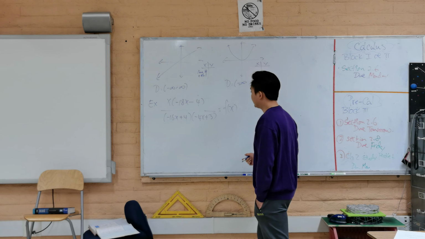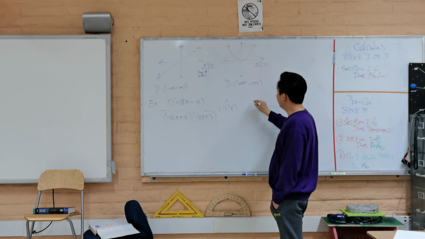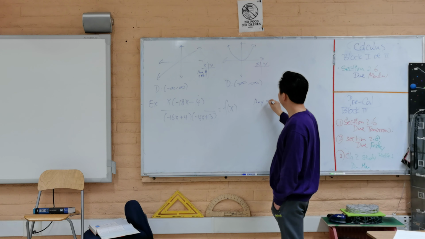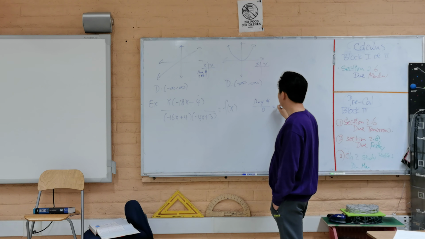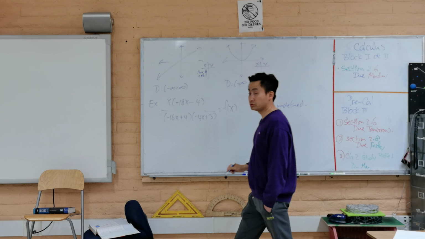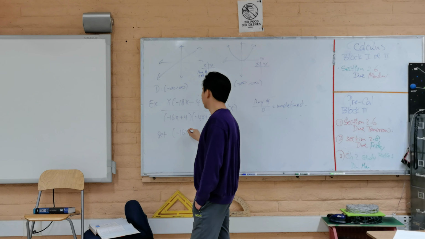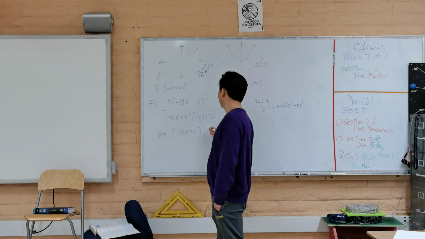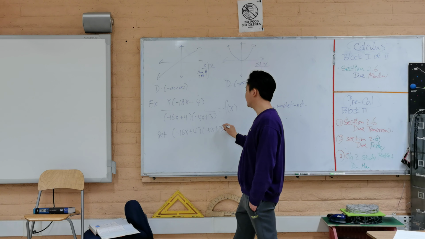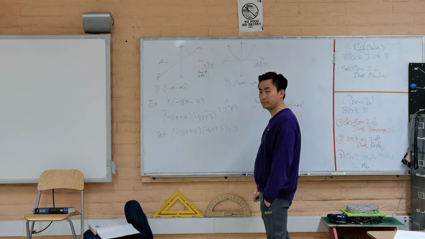So once again, going back to third grade math, any number divided by 0 is always considered undefined. So the way to find out the restriction is simply to set the denominator equal to 0. This one is already factored, so just set each factor equal to 0.